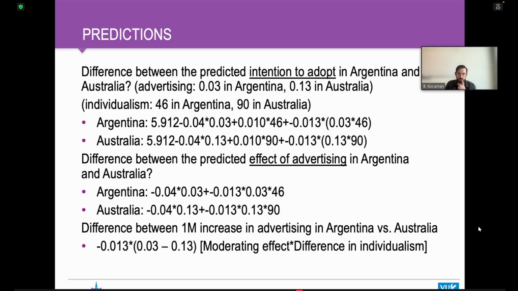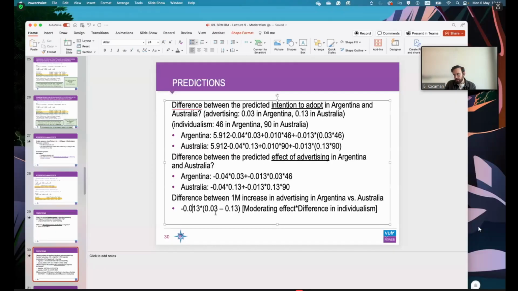So this will be just the main effect. Because this will cancel out when we take a difference, we are only interested in the moderation here. So this should be the difference in individualism, 90 minus 46.